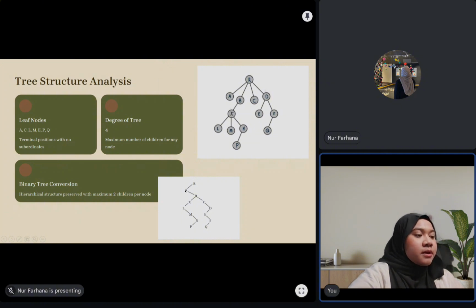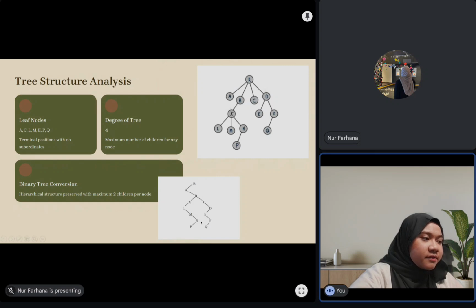The siblings of A are A, B, C, D. From this, B has a child, which is X, and X has three children, L, M and N, which are siblings, so they go to the right side.